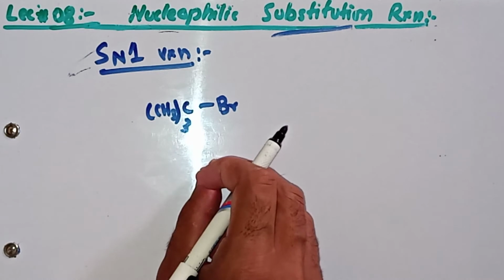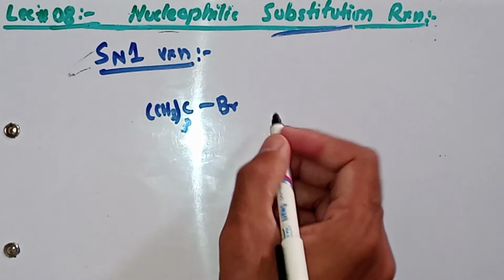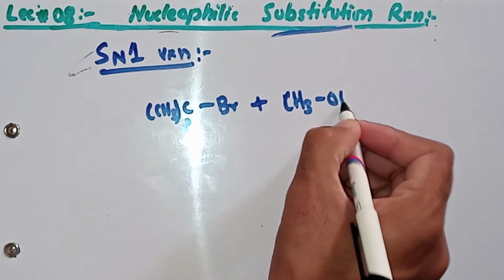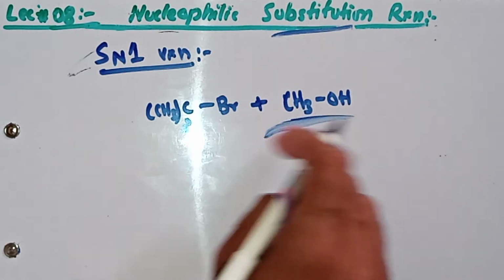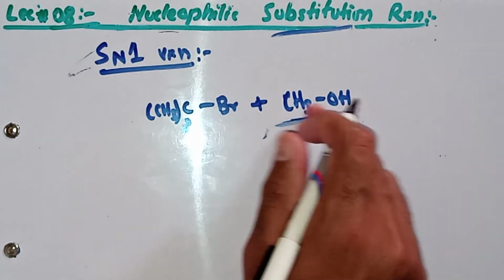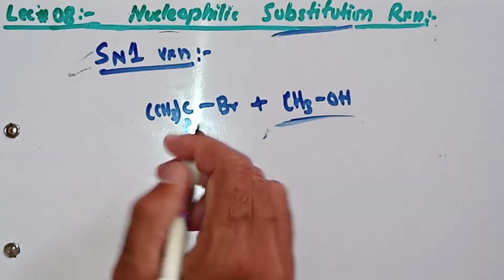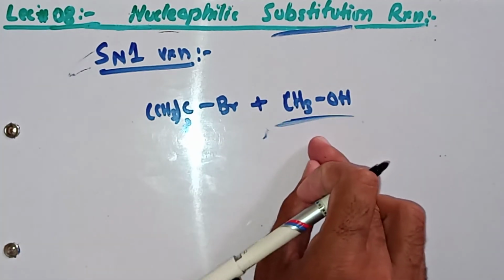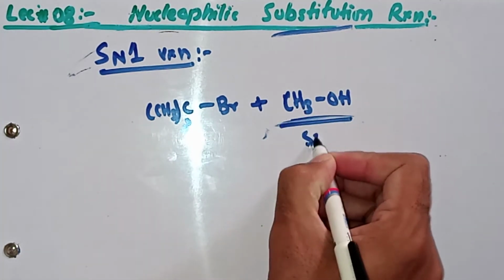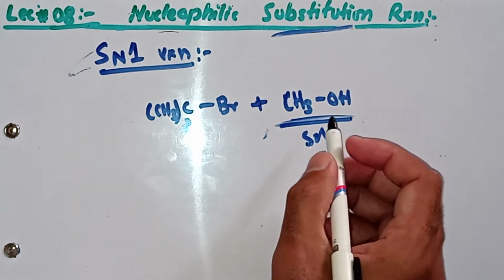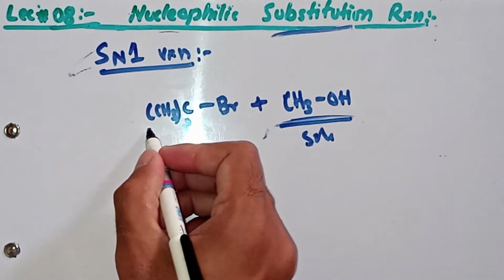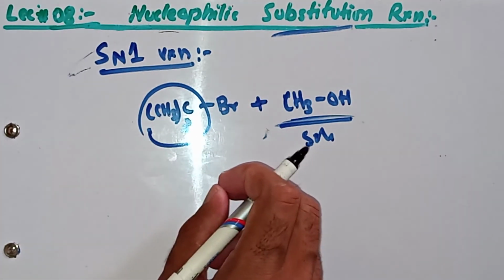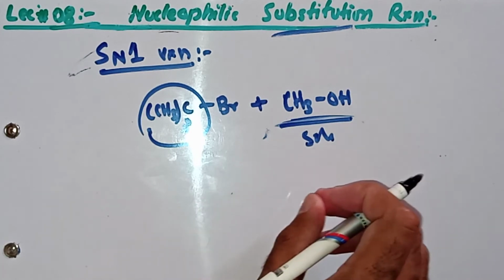When tertiary butyl bromide is placed in boiling methanol, CH3OH, the formula of methanol, or methyl alcohol, which here is the solvent, the methyl tertiary butyl ether can be isolated from the reaction mixture.